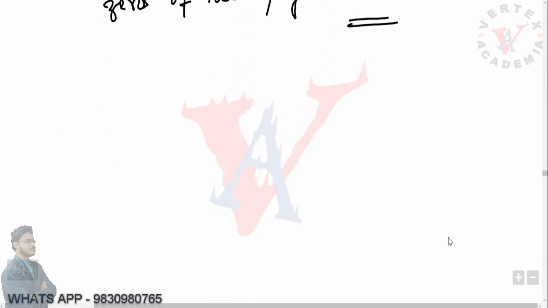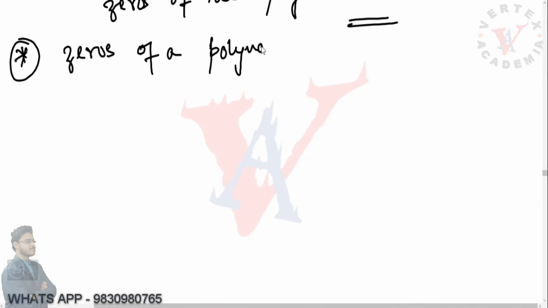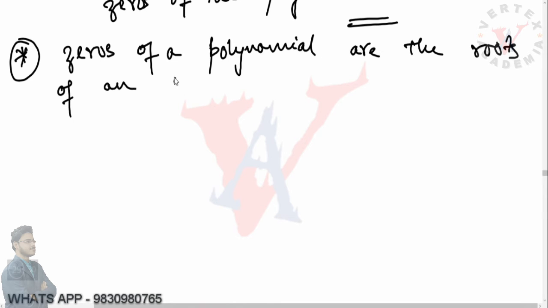This is an important thing to know. Basically they are the same thing, but they are just termed differently. That is, the zeros of a polynomial are the roots of an equation.